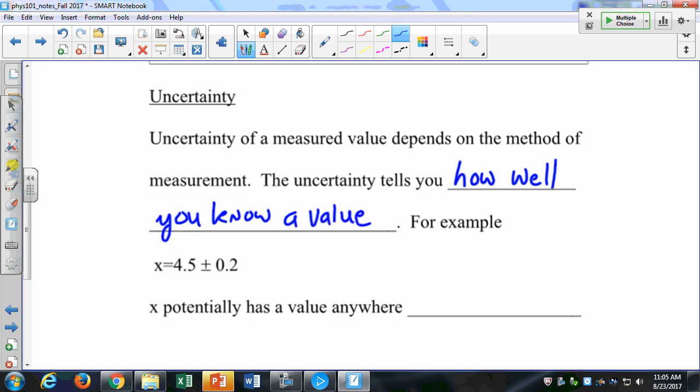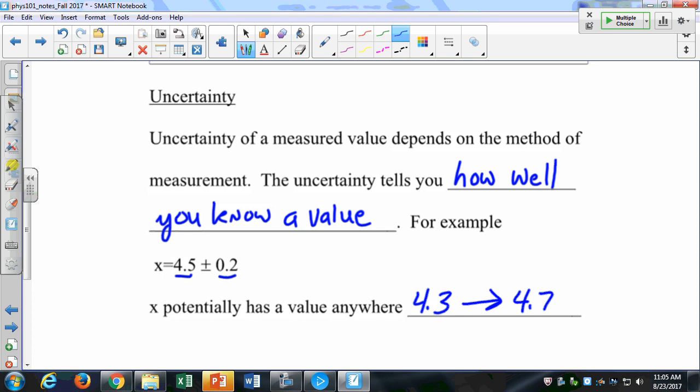So for example, if I report an uncertainty for x as 4.5 plus or minus 0.2, it depends how I report my uncertainty, but that means as far as we're concerned that the value x can have a value anywhere from 4.3 to 4.7. All right, that's what this plus or minus means.